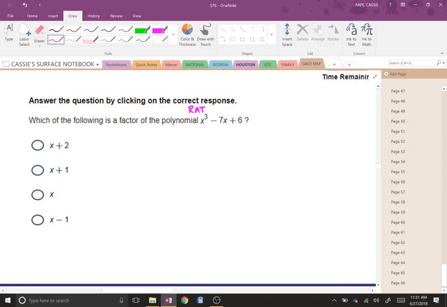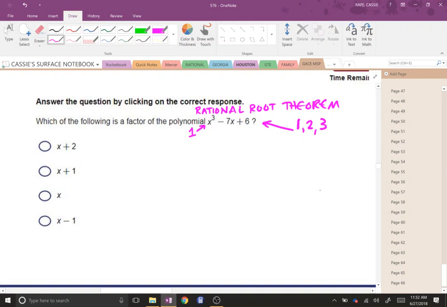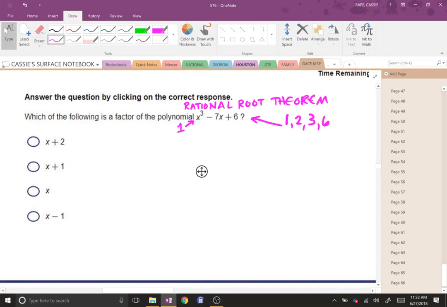It says that if you list all of the factors of a polynomial's leading coefficient, and here the only factor is 1, and then you list all of the factors of the trailing coefficient, the constant, in this case 6, which has factors 1, 2, 3, and 6. The rational root theorem says last over first.